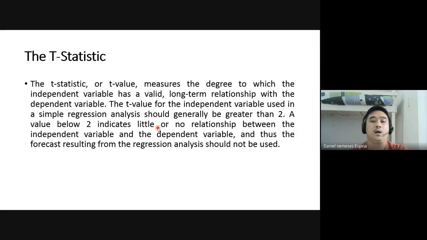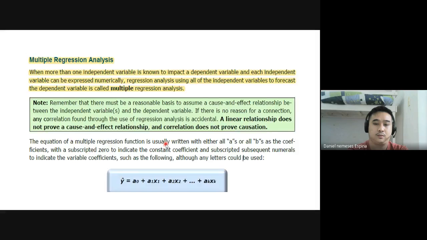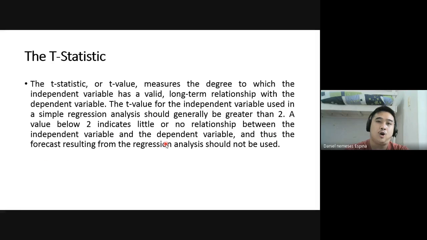However, if the t-statistics is less than 2, then namoy doubt whether the regression analysis between the independent and dependent is related. So it means kung dili sila related, then you cannot use the independent to forecast the dependent variable. So those are the common statistical tools for the simple linear regression.